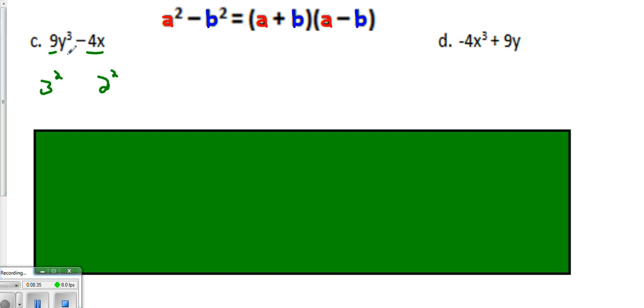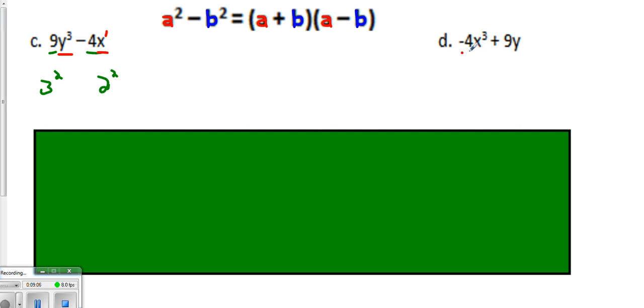When we look more closely, though, y cubed, that is not a square number. This power of y is not an even number, so we can't use it as a square. Same thing with the x. This x power is 1. It is an odd number, so we can't use it as a squared number. It's not x squared or some number squared to get there. So in this case, we would not be able to factor this one.